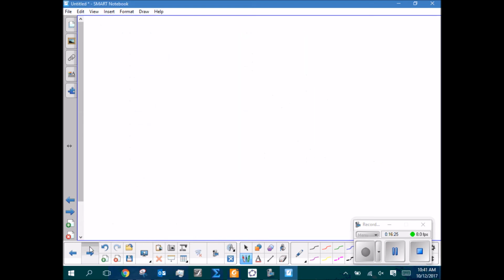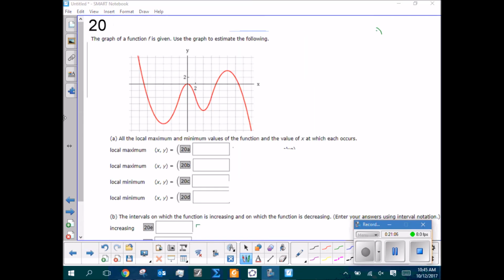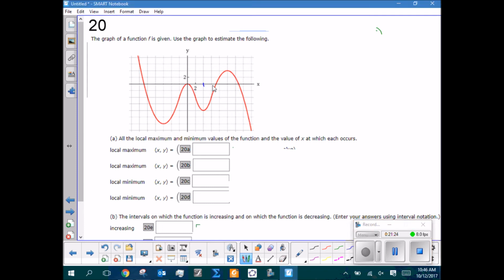So 17. Question number 20. They're asking us to find local maximums, increasing, decreasing. Same idea as what the last question was. Pay attention though, and I did this whole problem once already, but I did it wrong because of these intervals here. So that's 2 and that's 2. So that means that's 4, 6, 8, 10, and so forth.